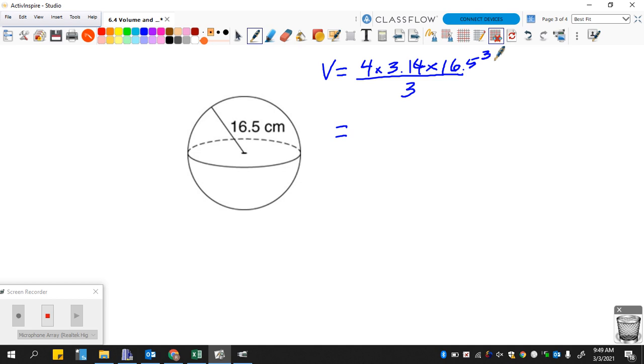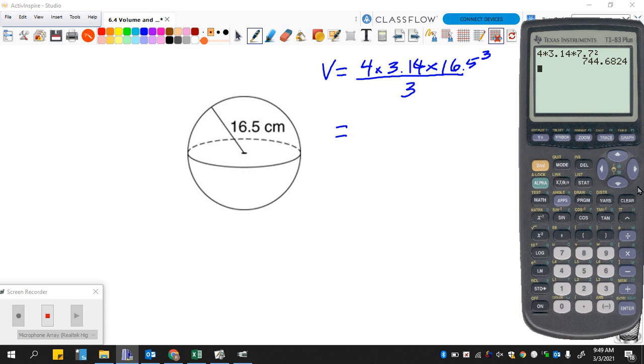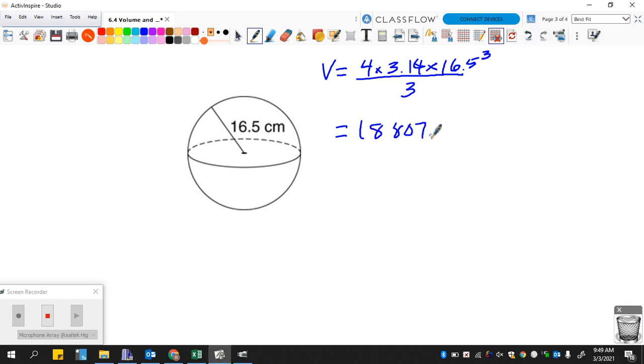Okay, so we're going to say, clear that out from the last problem, parentheses 4 times 3.14 times 16.5 to the third power, and then close the parentheses, and then divide it by 3, and we end up with 18,807.03.